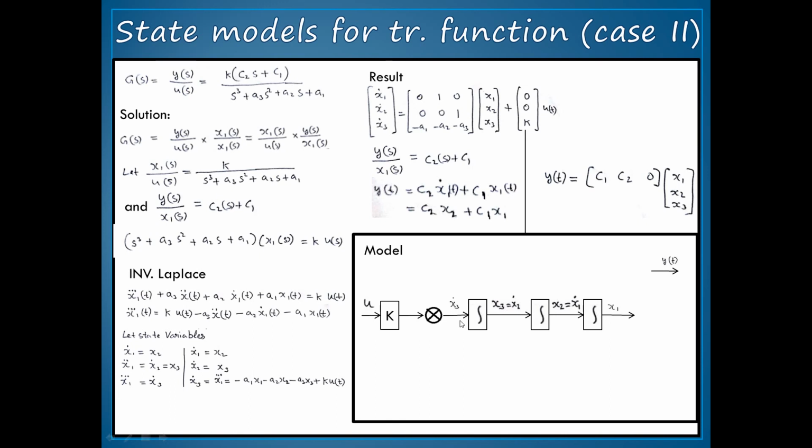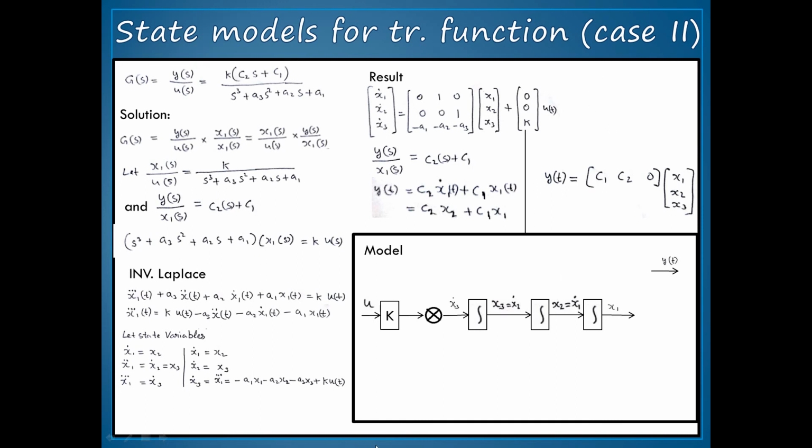The state model satisfying all the assumed equations can be drawn like this. Now this input u and this output y, for satisfying this third main equation, we have to take the feedback from x1, x2 and x3, as we have already done in case 1 also.